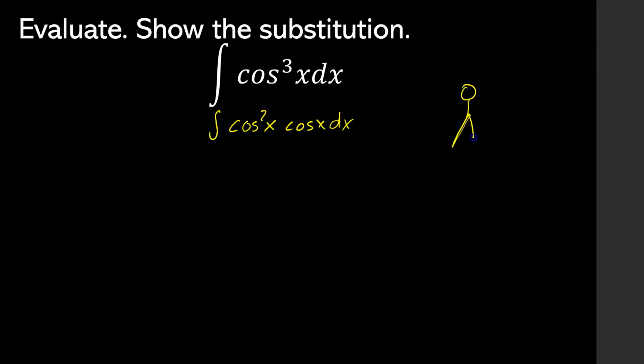I'm doing this in my head, so here's me, here's my head. Sine squared plus cosine squared is 1. And so cosine squared is 1 minus sine squared.